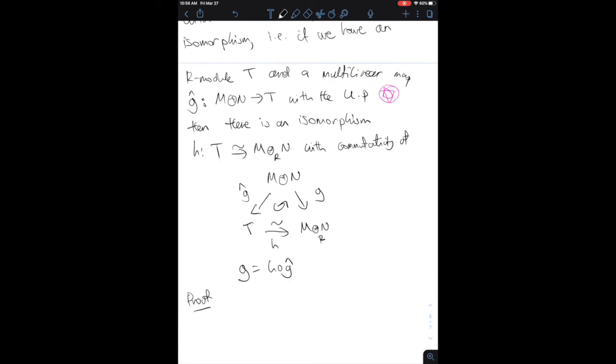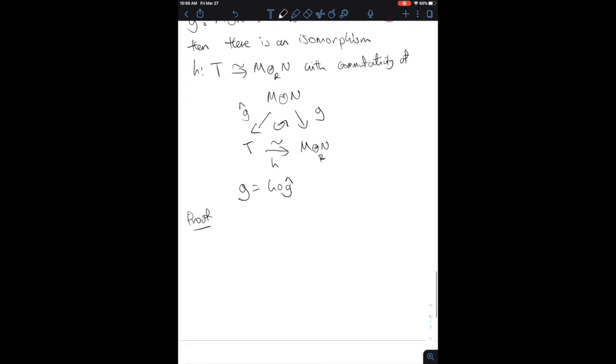Okay, let's prove this claim that the tensor product is the only module defined by the universal property as above.